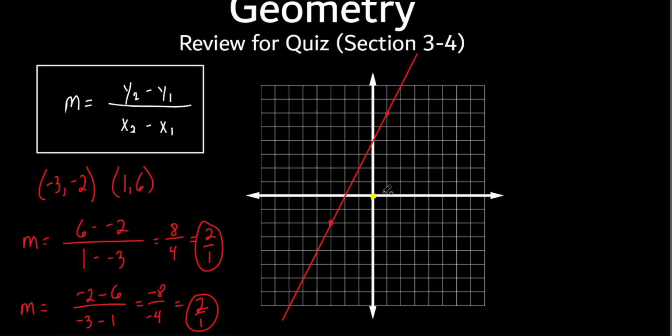Make it really easy, okay? The slope of this is 2 over 1, correct? What I want you to see is what's going to happen if I flip the two numbers, the 2 and the 1, and then change the sign of it. If I flip the two numbers, what would I get? 1 over 2, 1/2. And if I change the sign of it, what would I get? Negative 1/2, okay? Now, I want to show you what that does.